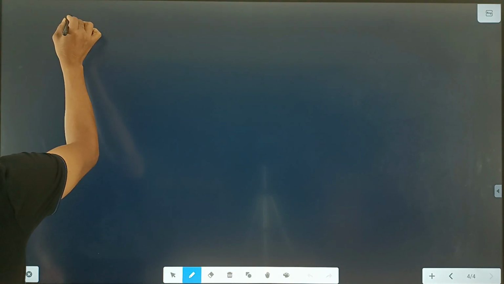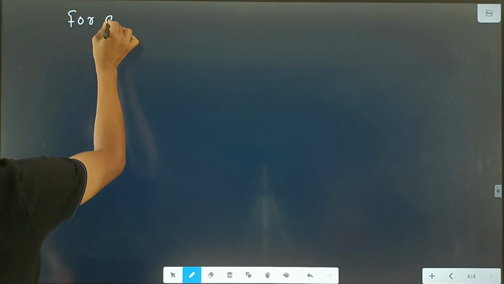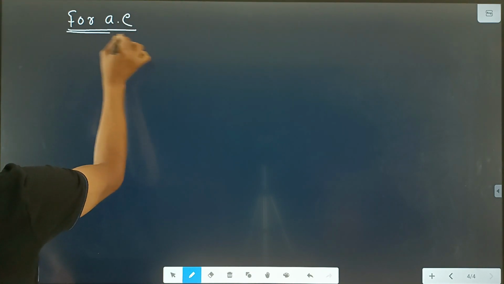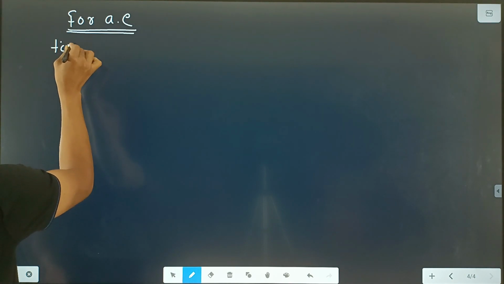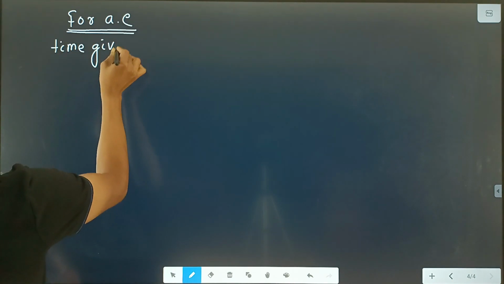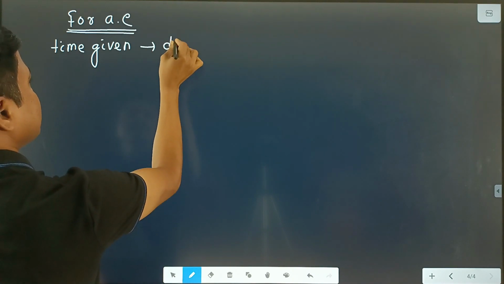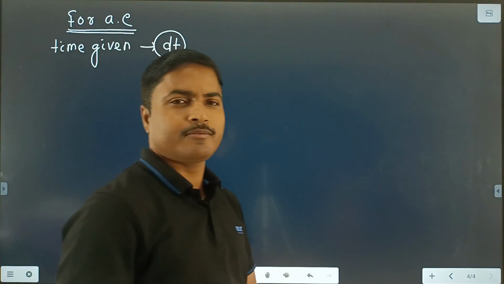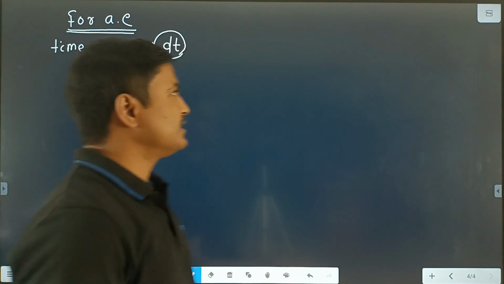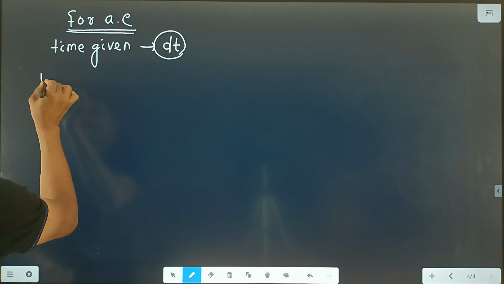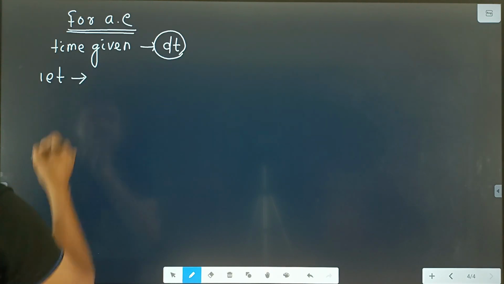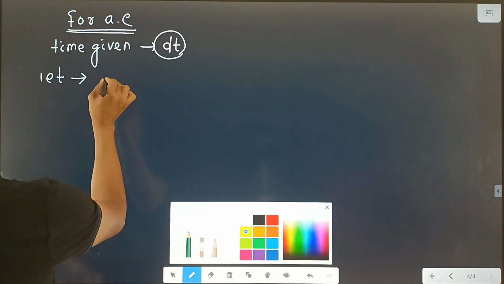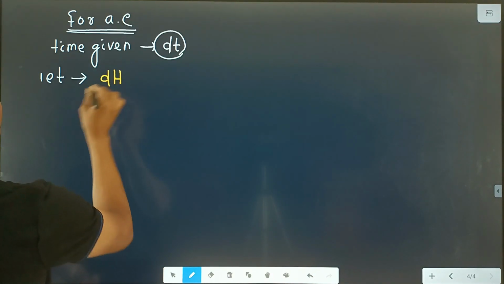Suppose alternating current is there. For alternating current, suppose a very small time dt is given. Then in time dt, let the small amount of heat produced be dH.